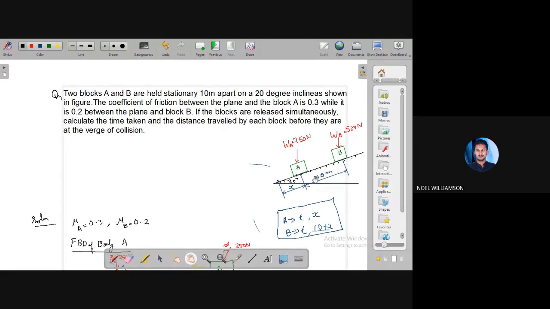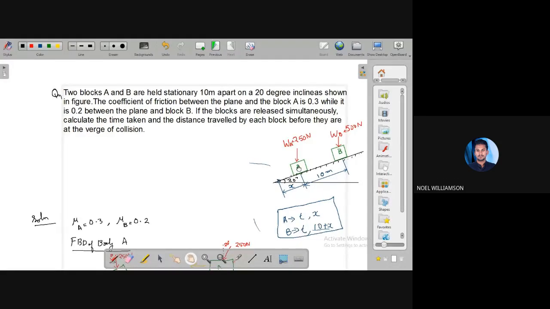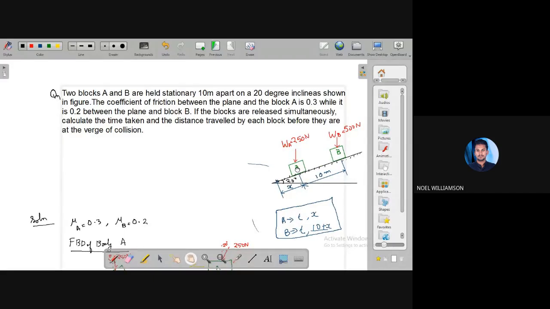If the distance traveled by A is x, the distance traveled by B will be 10 plus x, and both will take the same time. That's why they are colliding at a particular point. So the time taken for A and B is both t itself. These are to be found. Initially it is at rest, then it is moving.